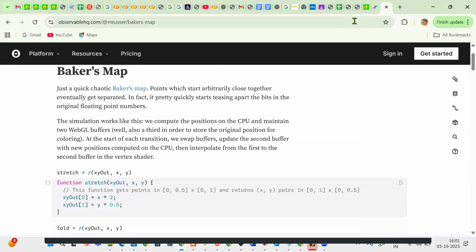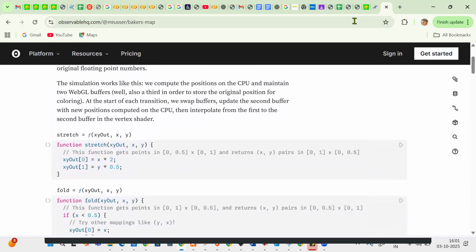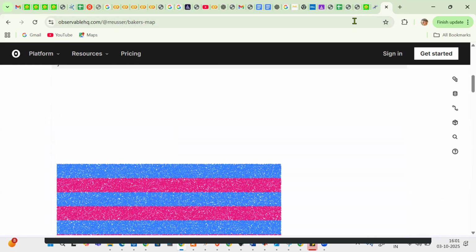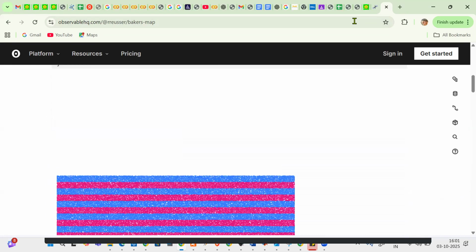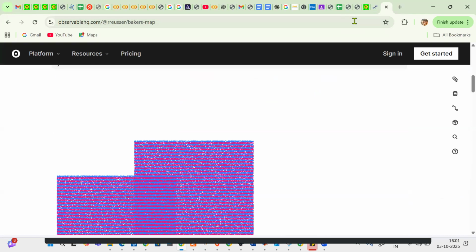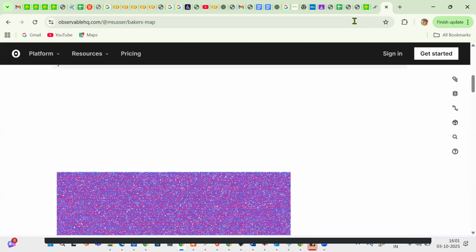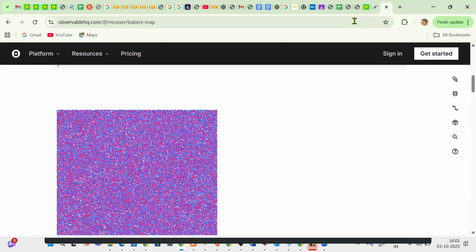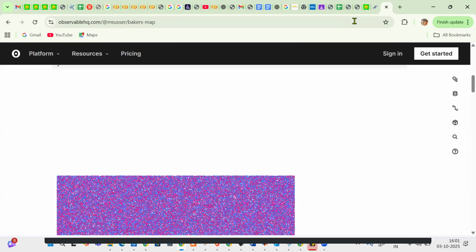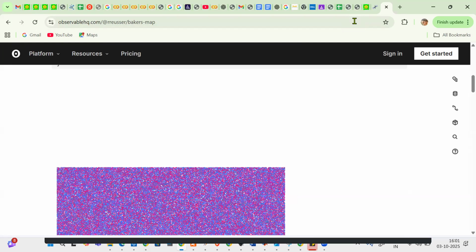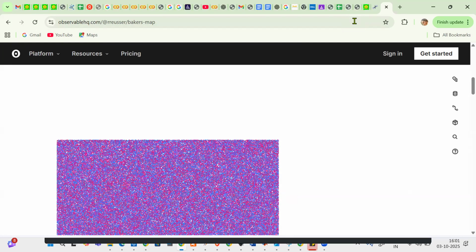This is a Baker map, and they are using code here. So every time, as he suggested, it will be noodles. You can see the noodles happening, and at one point the noodles are so thin you cannot distinguish them. This code they wrote is exhibiting this behavior.